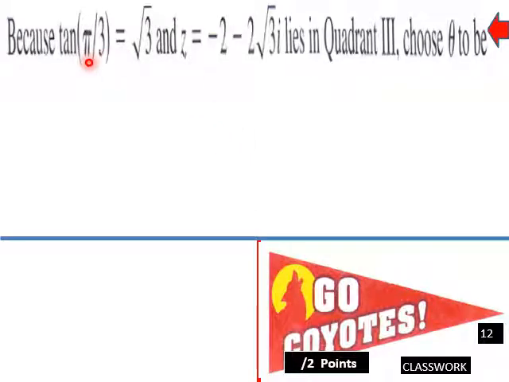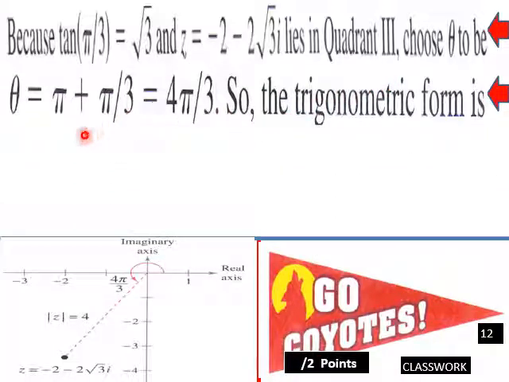So because tan pi over 3 equals radical 3, and z equals -2 minus 2 times radical 3i lies in quadrant 3, choose theta to be pi plus pi over 3 equals 4 pi over 3, which is right there.